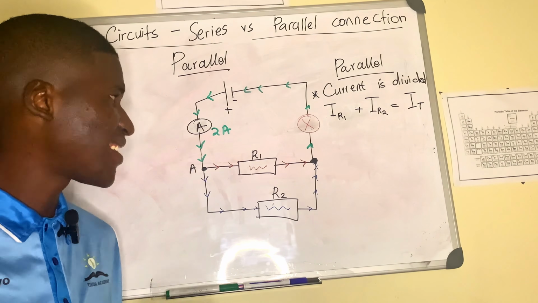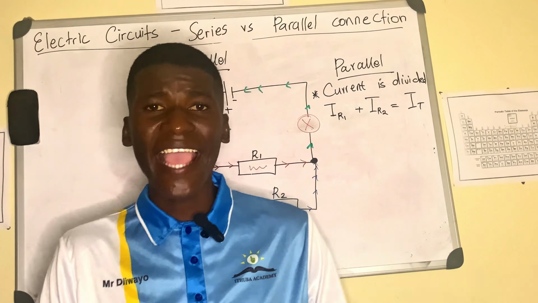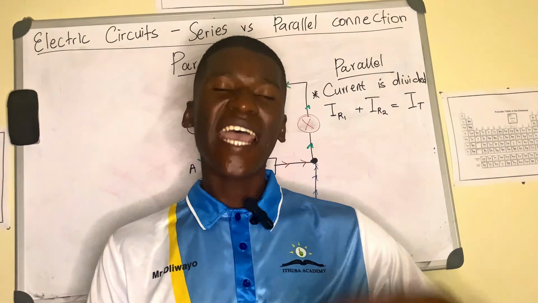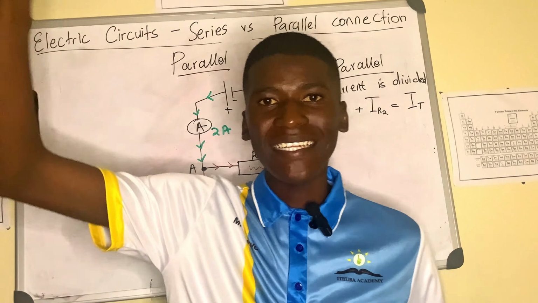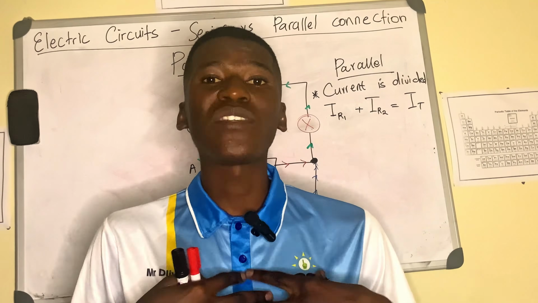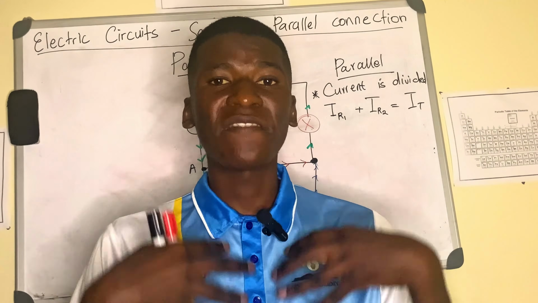Why is that, guys? Remember, I've got two people here. I've got 100 friends. I give one person 75 friends, another person 25 friends. The moment I say 75 plus 25, I must get the same 100 friends which I've given them, the ones that I've divided to them.